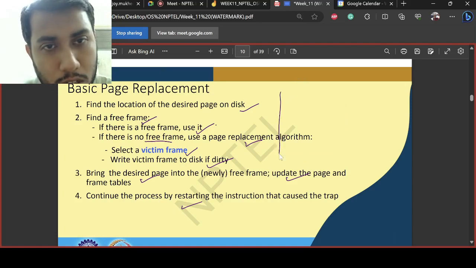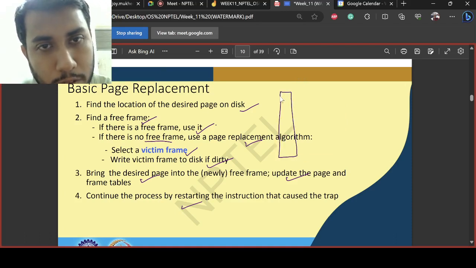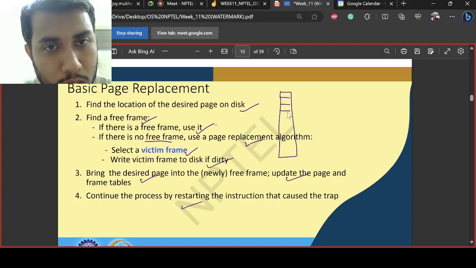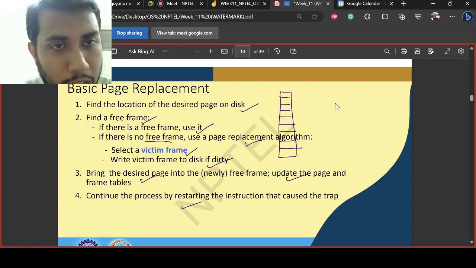So you have your frames, and here you have your main memory.